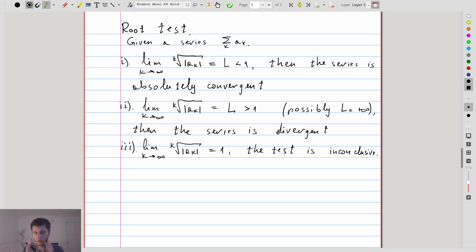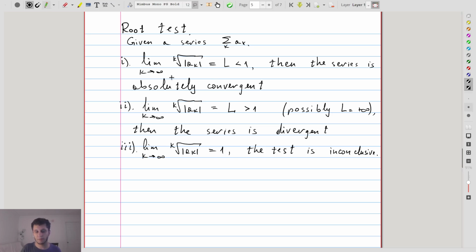So the principle here is exactly the same as for the ratio test. If you think about a geometric series, then the values of these limits are just the common ratio. So if you evaluate such a limit for a geometric series, you will get r as the output. Now, for general series, this is not the case because there is no such thing as the common ratio.